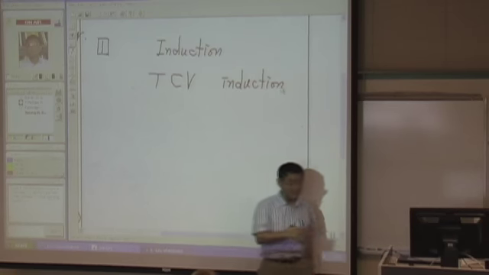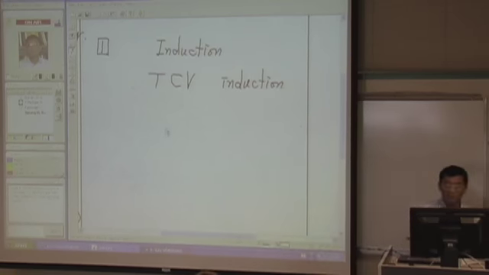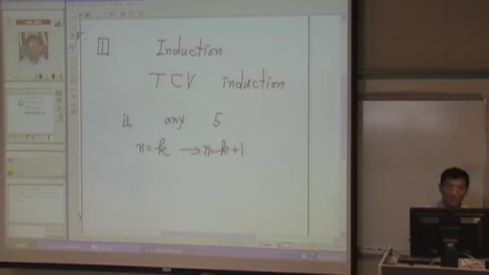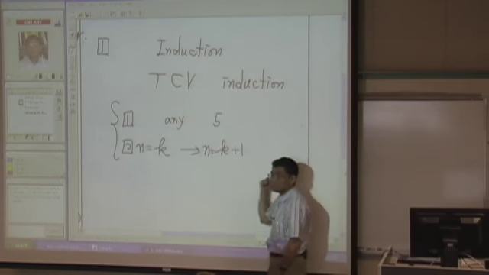Discourse induction says this: the statement is true for any integer, say, for instance, 5. And then you say, if it is true for k, then it is true for k plus 1. So if you prove the first step and then the second step, then the induction is done, right? This is the discourse version of induction.